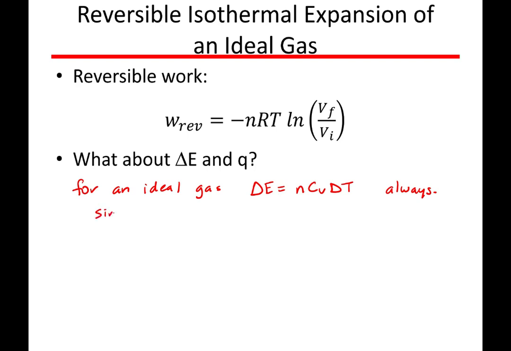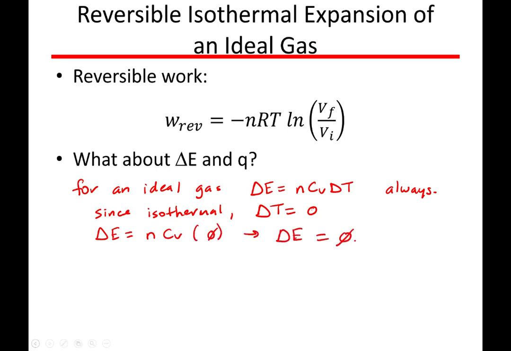Now, since the process is isothermal, that means that delta T is equal to 0. And if delta T is equal to 0, you get delta E equals nCv times 0, and anything times 0 is 0. Delta E is 0 here. There is no change in the internal energy of the gas because the internal energy of the gas is a function of temperature only. Since temperature doesn't change, there's no change in the internal energy.